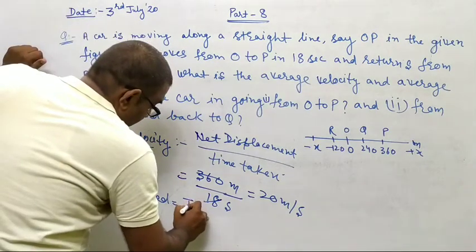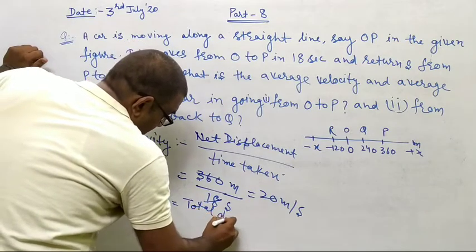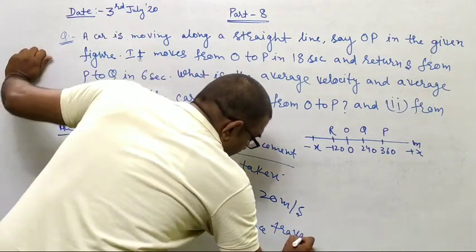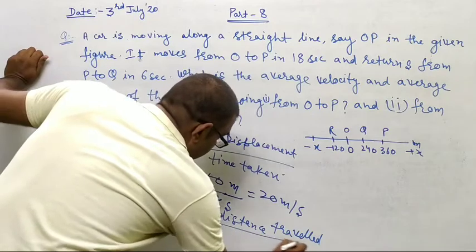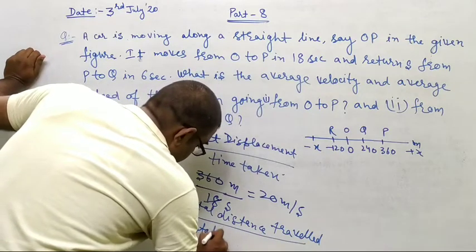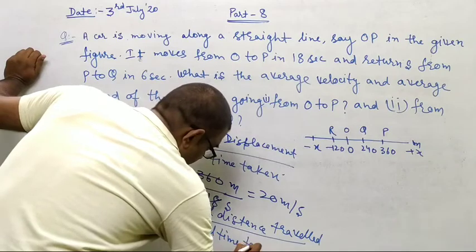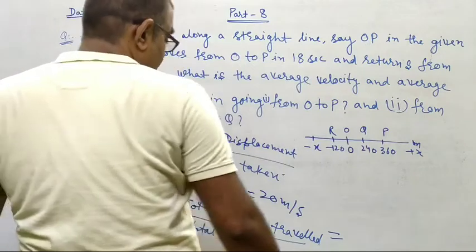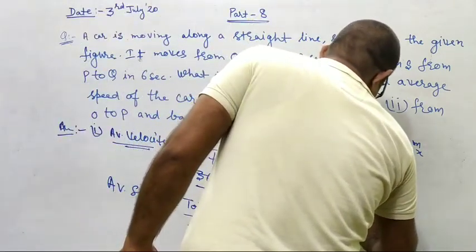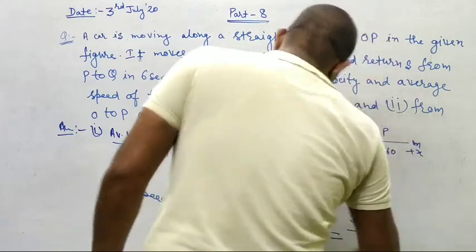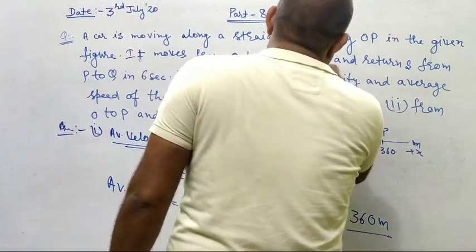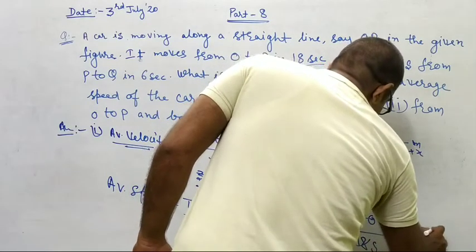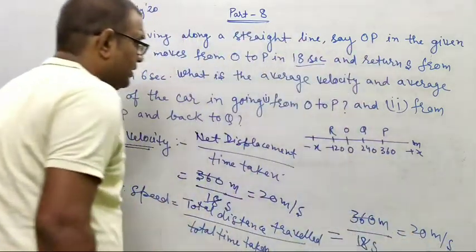So total distance traveled upon total time taken: total distance traveled is 360 meters, total time taken is 18 seconds, and it will also be 20 meter per second.